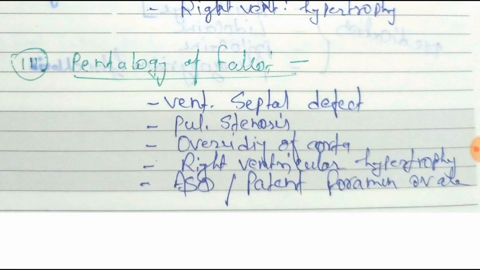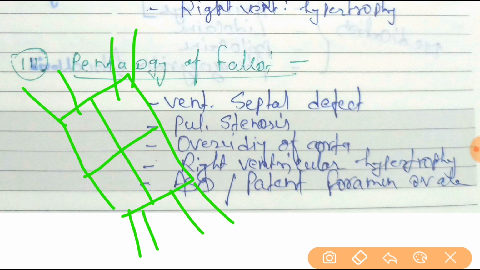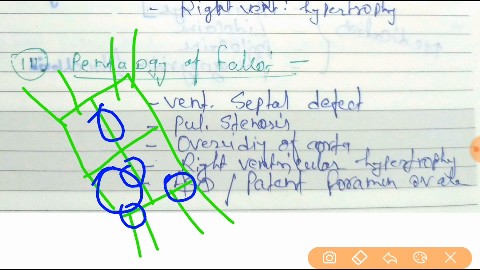And then here again ventricular septal defect, pulmonary stenosis, overriding of aorta, and right ventricular hypertrophy, and here ASD, atrial septal defect. So you can easily remember this like a triangle. You can draw it.